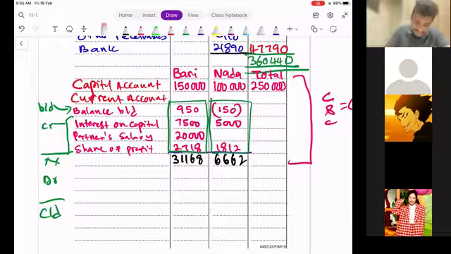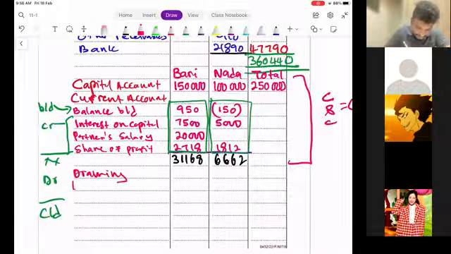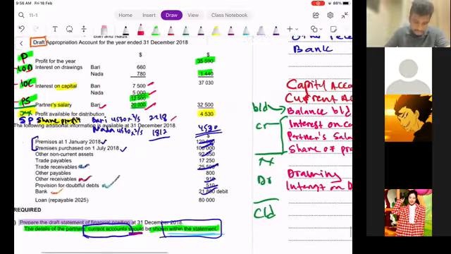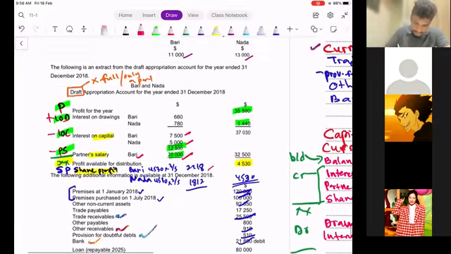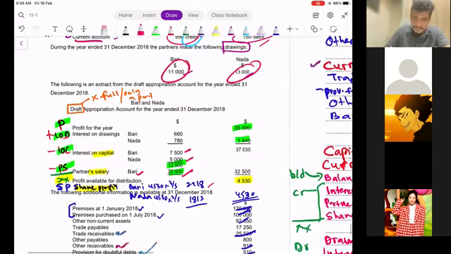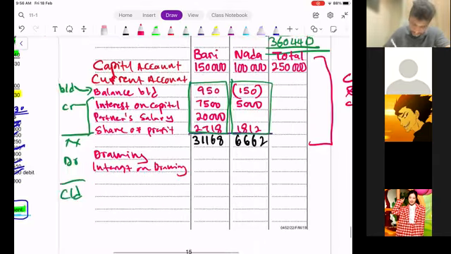Okay, after that we have the debit thing. We have only two things, which is drawings and interest on drawings. How much is the drawings? Drawings here, 11,000, 13,000.